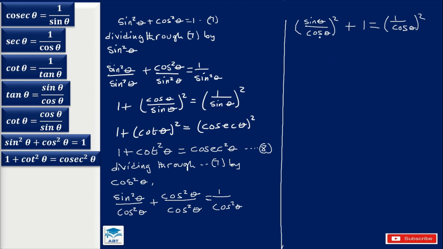But sine theta divided by cos theta is tan theta. And 1 divided by cos theta is sec theta.